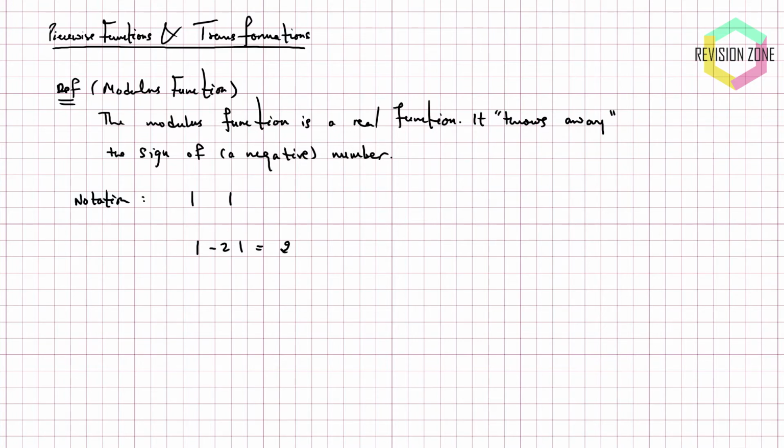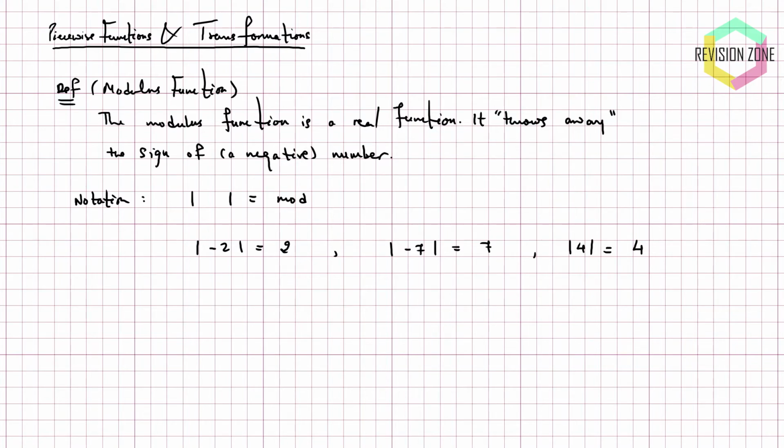Another example might be -7. If -7 is put into the modulus function, then the output it gives just throws away the sign, so it just gives me 7. And if I had 4 going into the modulus function, well, it's already positive, so there's no sign to throw away, so we just get a 4. Sometimes people also write the function as mod.